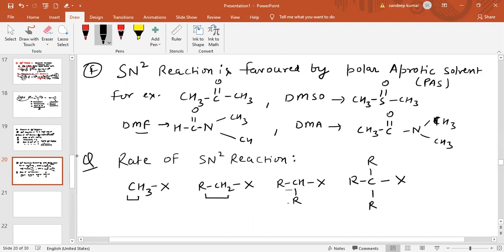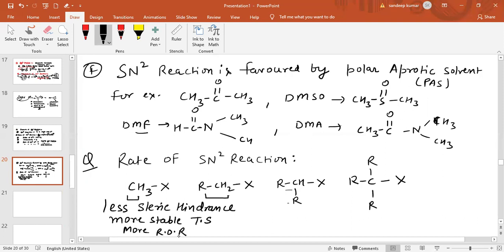So we can say this is less sterically hindered. In the first case, there is less steric hindrance. Less steric hindrance means more stable transition state, and more stable transition state means more rate of reaction.